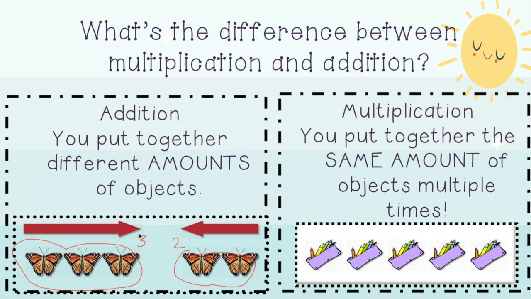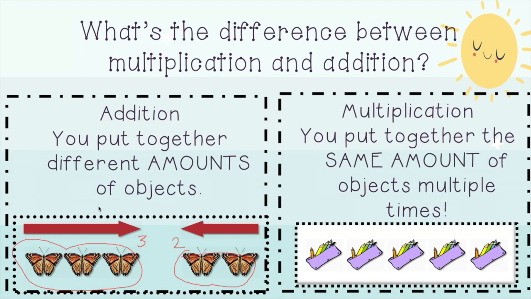Like in this picture with the pencil pouches, we are putting together 4, and then you're putting that number together 5 times. So it's 4 plus 4 plus 4 plus 4 plus 4. Whereas in addition, you might have 3 plus 2, like in this problem.